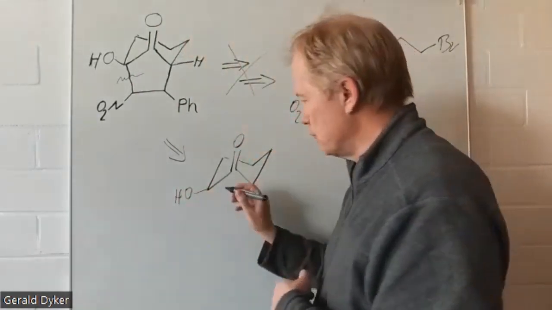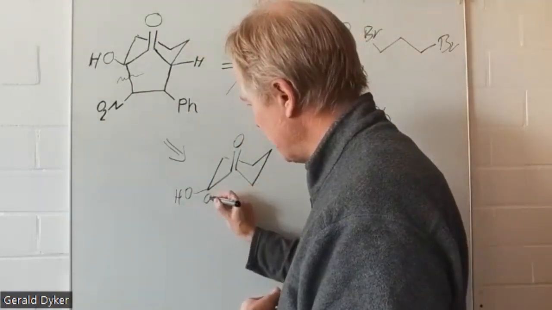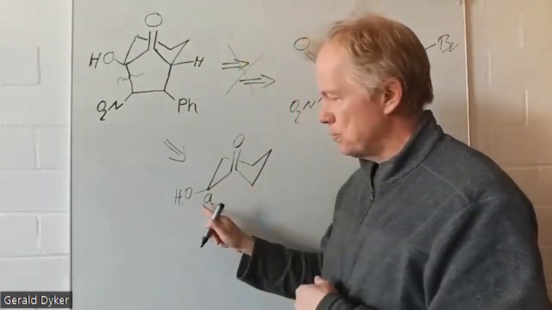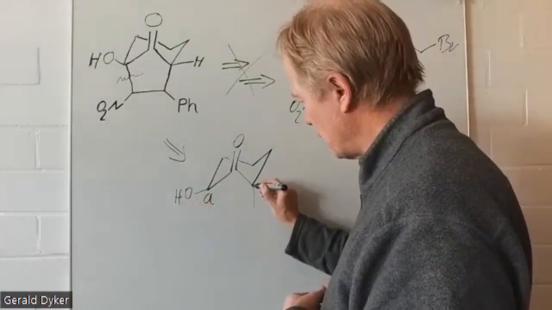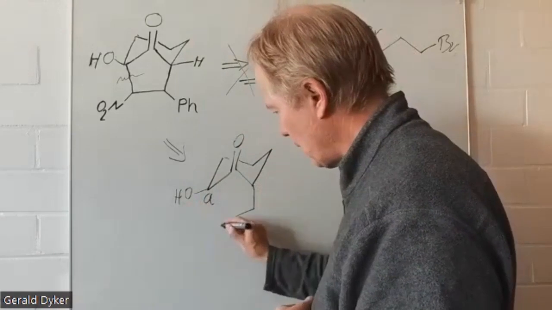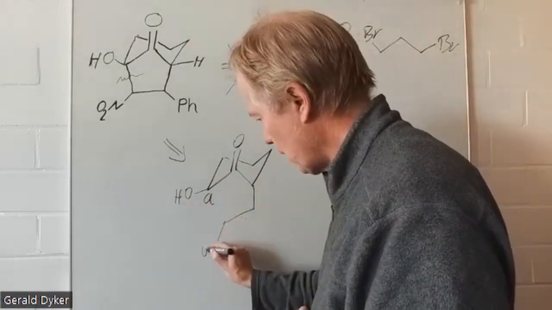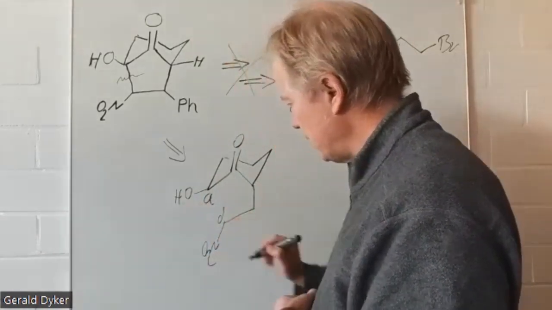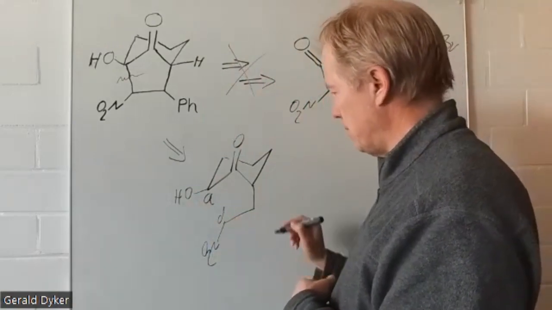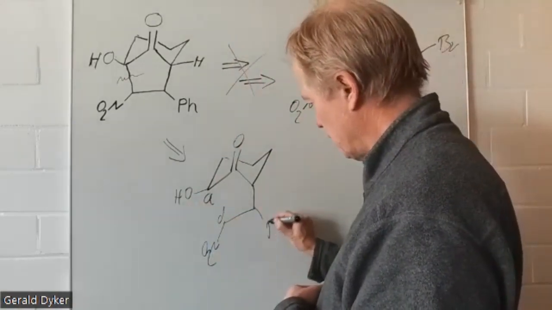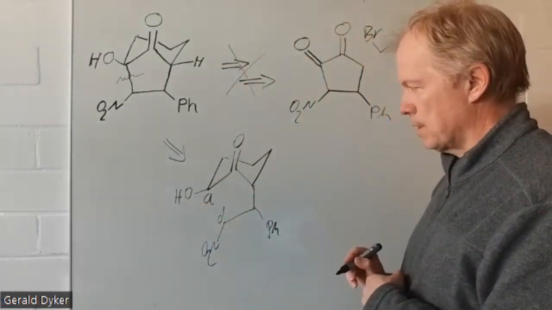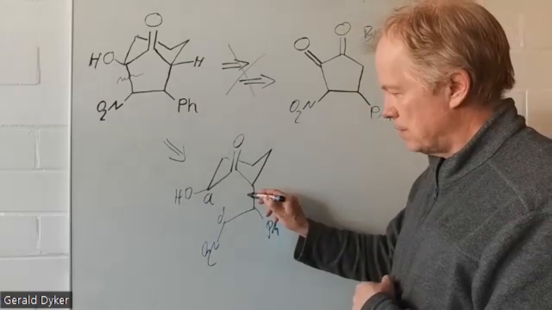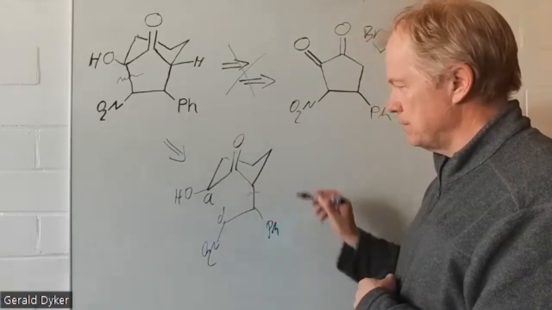Let's go for the synthons. Let's say we have an acceptor reactivity here, donor reactivity there. The phenyl group is missing. Next step, let us break this bond.